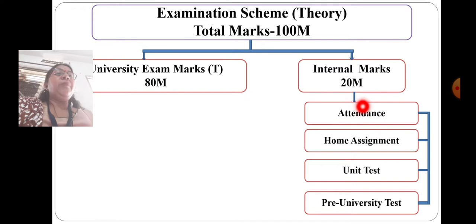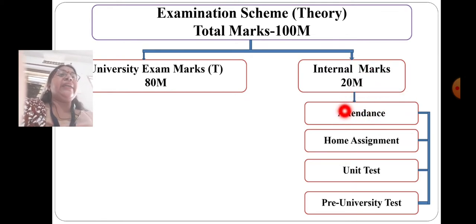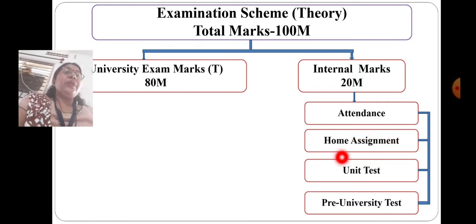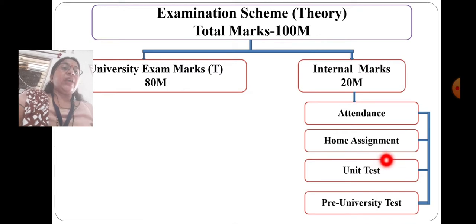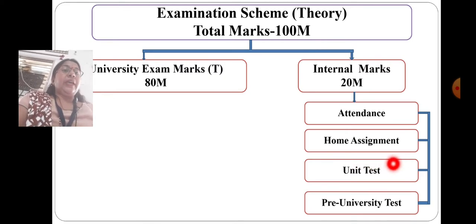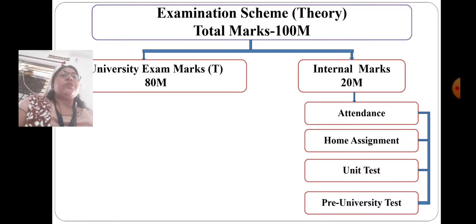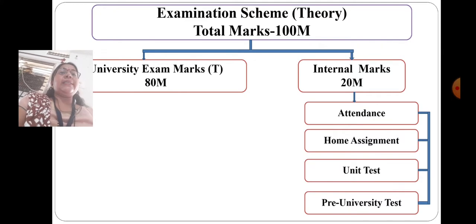Your internal marks completely depend on your regularity, that is attendance, then the home assignment that you will submit in the department to the respective teacher, then unit tests that we will take from time to time, unit test evaluation, and also the pre-university test. So, including all these, the internal marks 20 and the university examination of 80 marks, the total marks for theory is 100 marks.